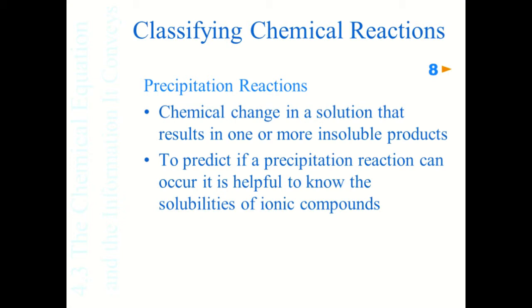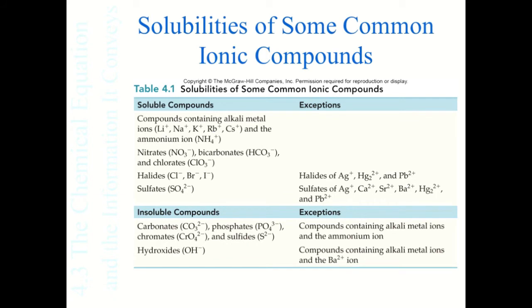So, we call these precipitation reactions. Precipitation reactions are chemical changes in solution that result in one or more insoluble products. An insoluble product forms, and it comes out of solution as a solid product. To predict if precipitation reactions can occur, it is helpful to know the solubilities of ionic compounds. Okay? That comes from this chart.